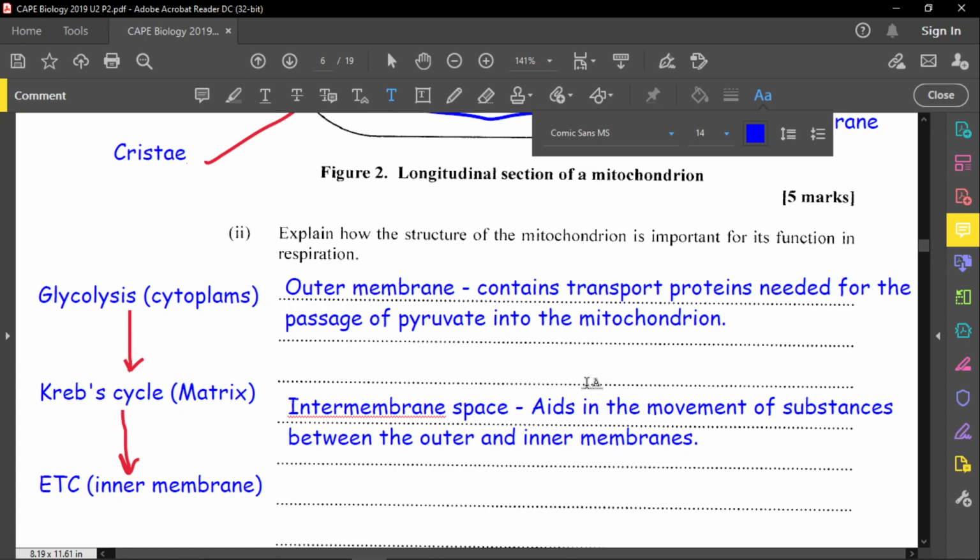What is also important is that the intermembrane space aids in oxidative phosphorylation, because this is where you have your surge of hydrogen ions being deposited, and then they will enter into the inner membrane, so the ATP synthase is able to produce a surge of ATP. So it's very important where that is concerned. So it actually aids in oxidative phosphorylation.